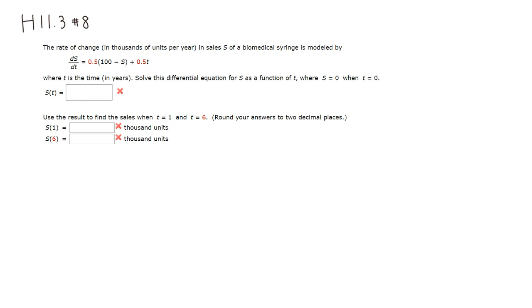First I'm going to distribute this to each term. We will get 0.5 times 100 and a minus 0.5 s plus 0.5 t.